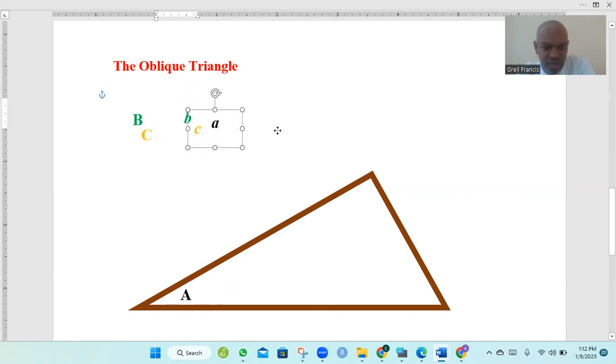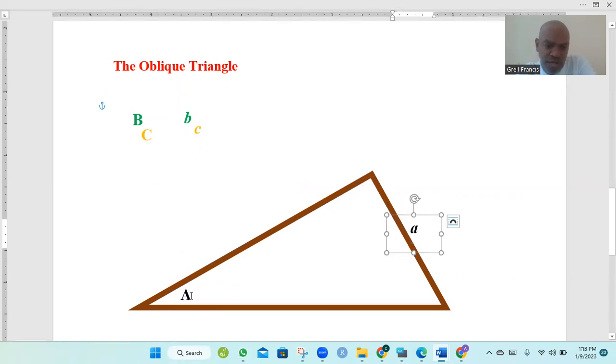So if this is angle A, side a will be opposite to angle A. The word opposite is very, very prominent in oblique triangles. In oblique triangles, the words hypotenuse and adjacent are absent. I repeat, in an oblique triangle, you do not mention at all the word hypotenuse, nor adjacent. You've got to use the word opposite.